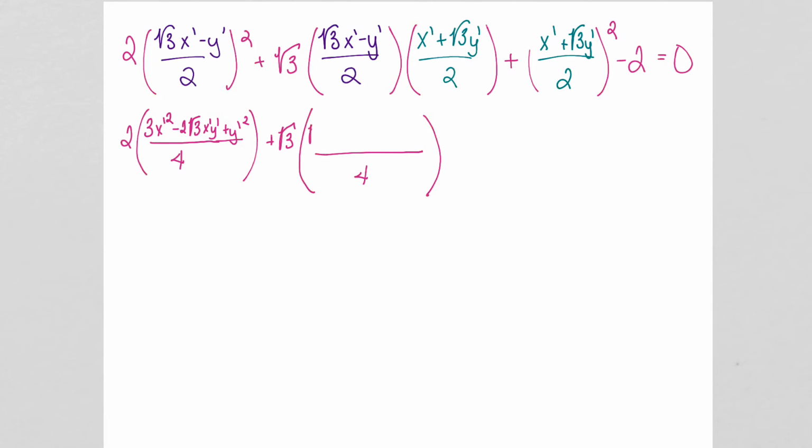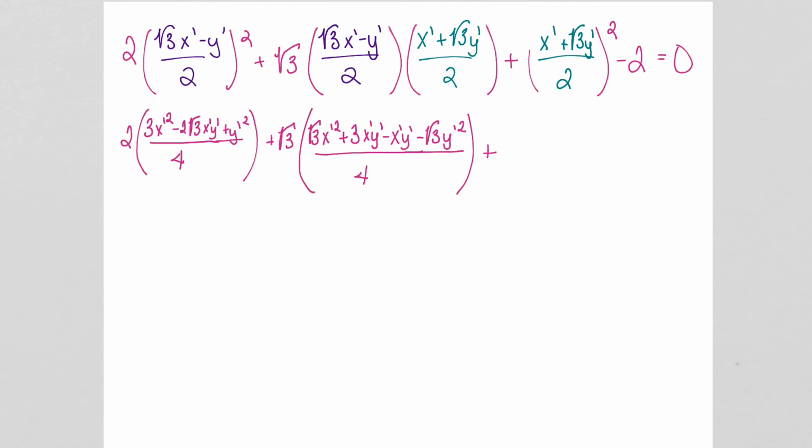And we get this, root 3 x prime squared plus 3 x prime y prime. Let's make this bigger. Minus x prime y prime, which you could have went ahead and changed to 2x prime y prime, but I didn't. Minus root 3 y prime squared.